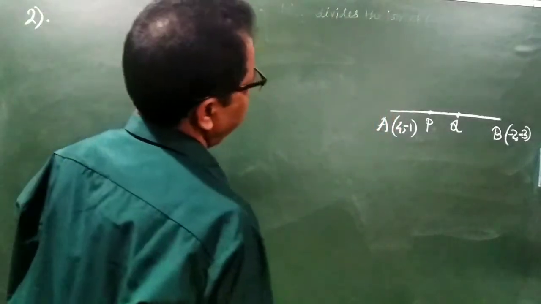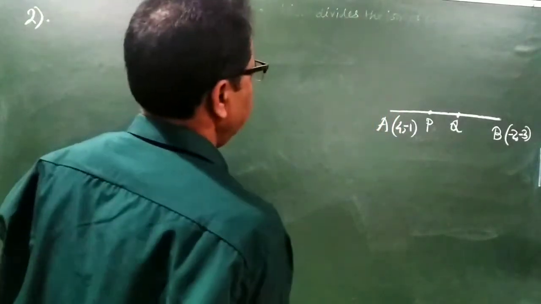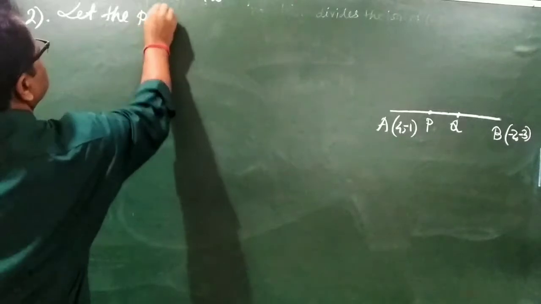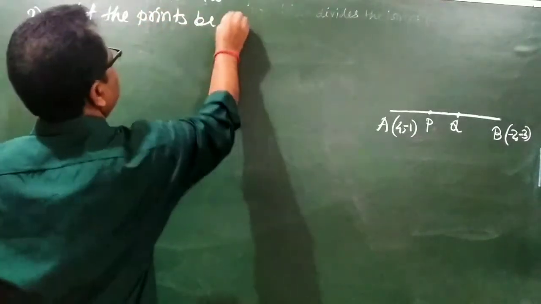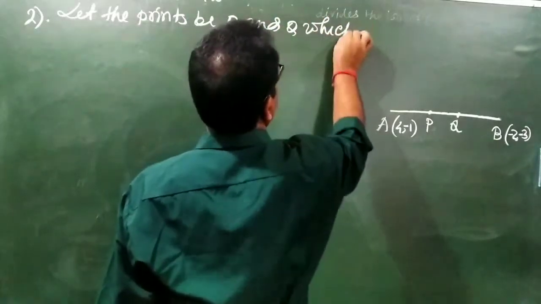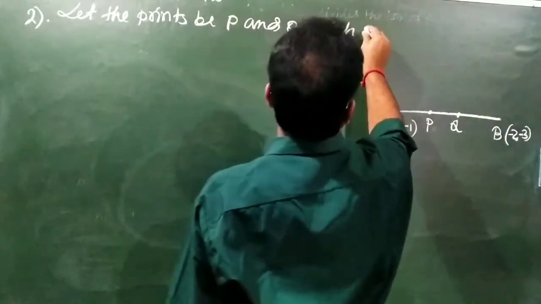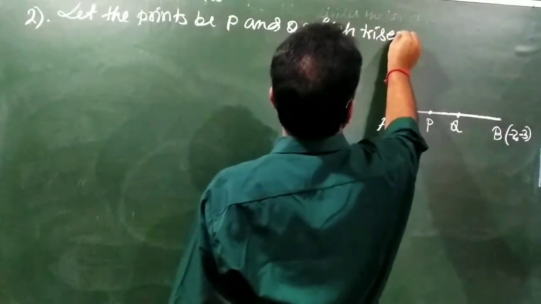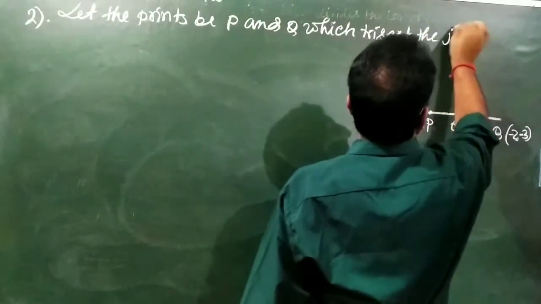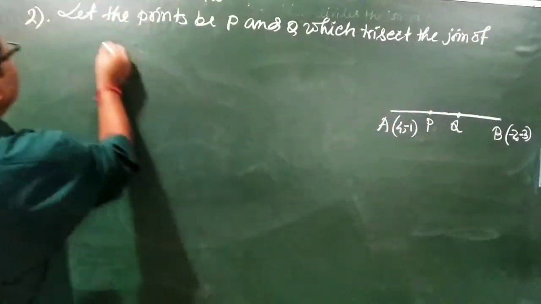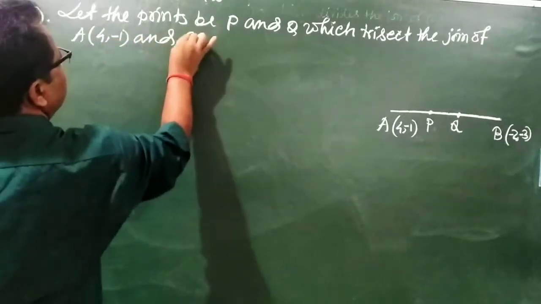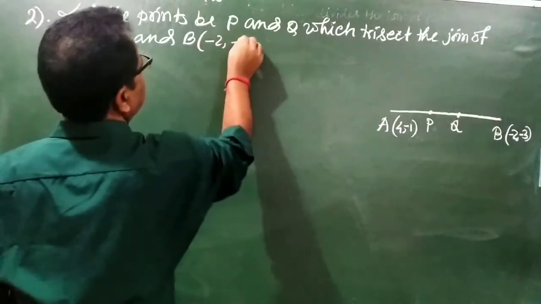So let the points P and Q trisect the line segment AB, the join of A, whose coordinates we have taken (4, -1), and B, whose coordinates are (-2, -3).